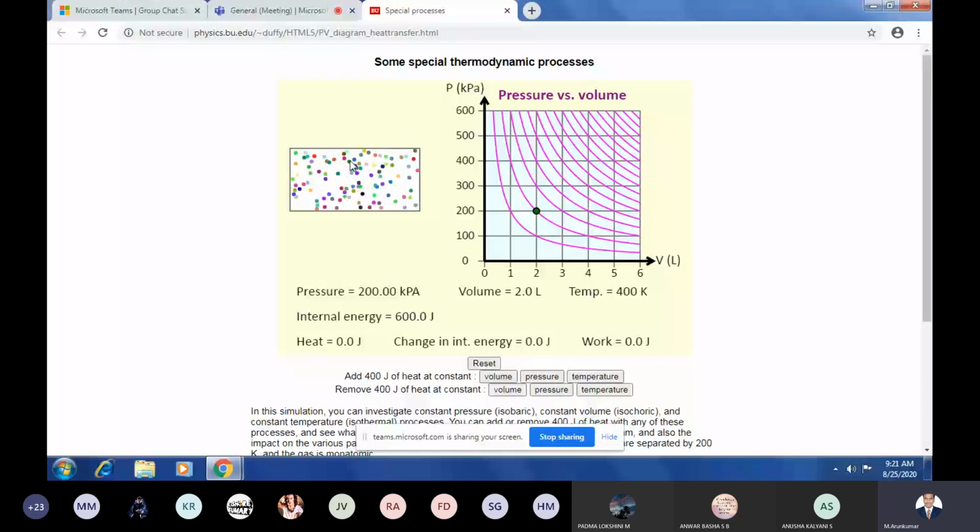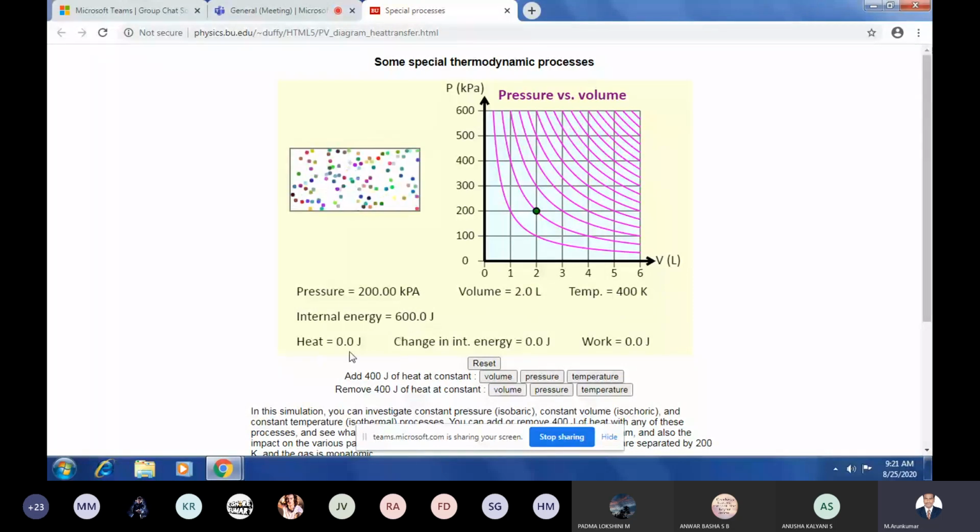The molecules of air will collide together, also with the surroundings. So this is an ideal gas. The pressure inside the container is 200 kilopascal, the volume of this container is 2 liter, and the temperature inside this container is 400 Kelvin. So internal energy becomes 600 joule.